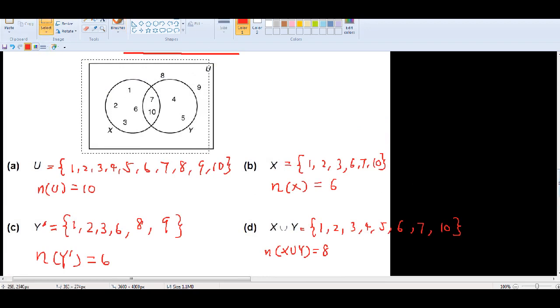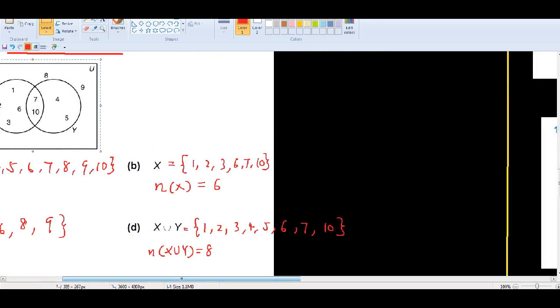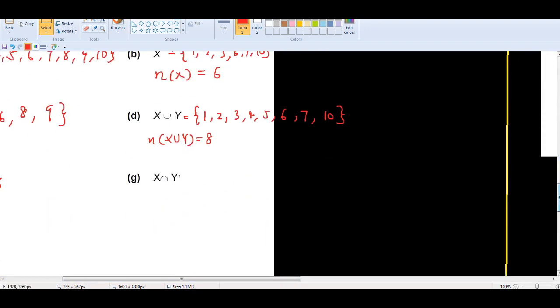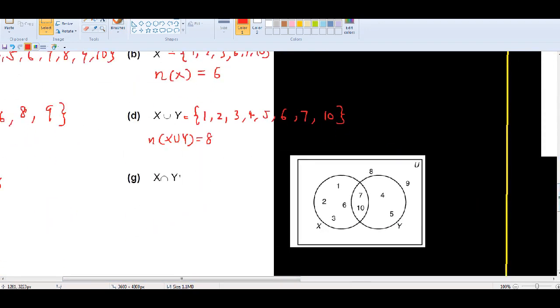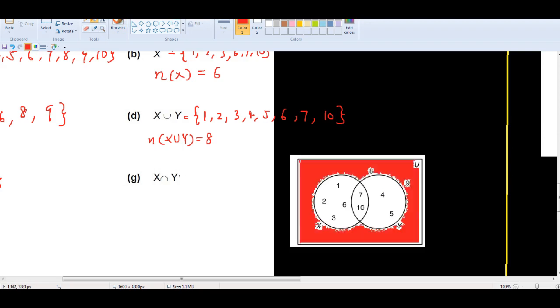Okay, let me put it here to have a better look. First we need to think about what's not in Y. So not in Y means the area here.